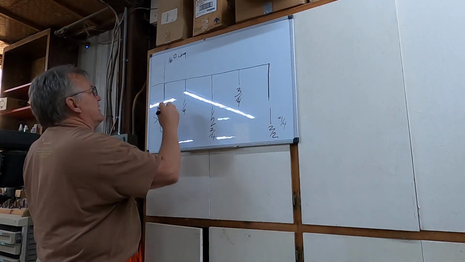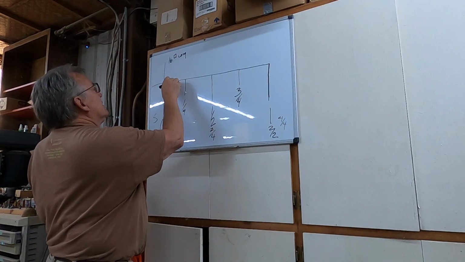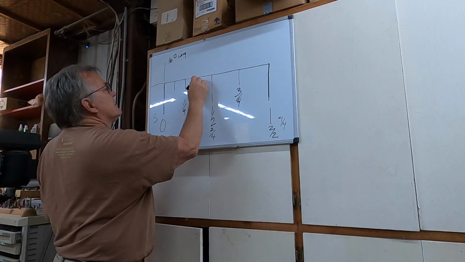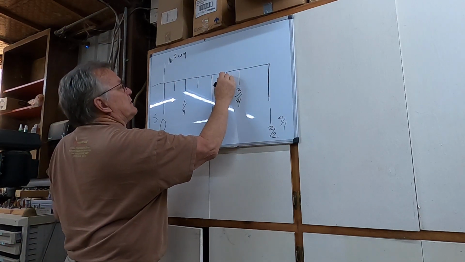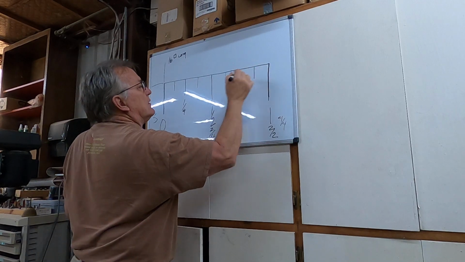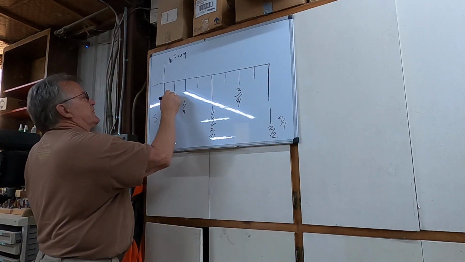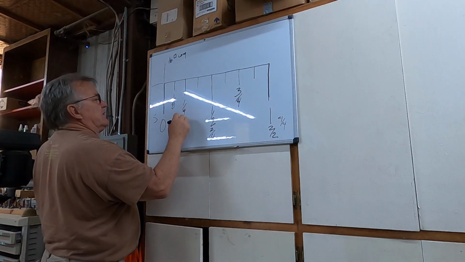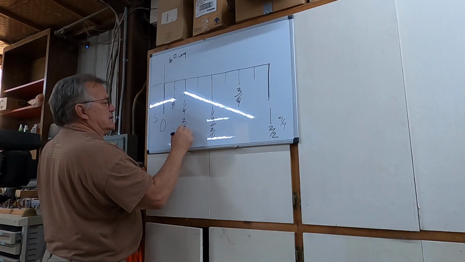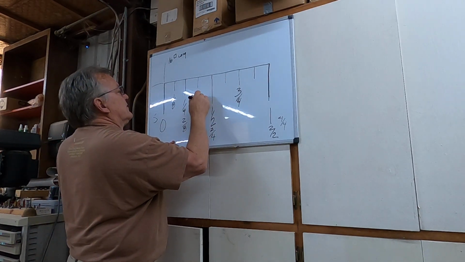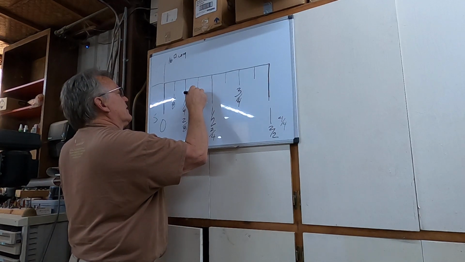You get that. Now, 1/8 inch, come over 2 squares, 2 in between. This is going to be the first 1/8, second 1/8, third 1/8.